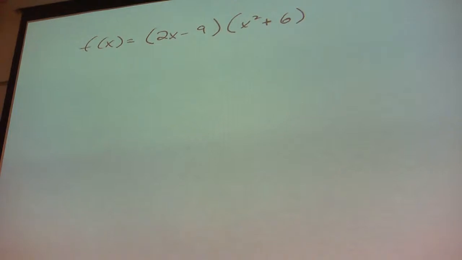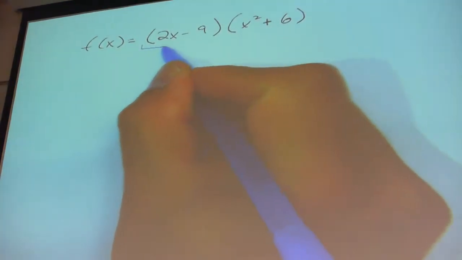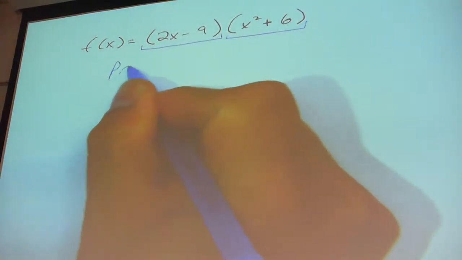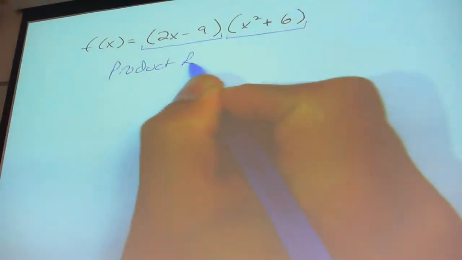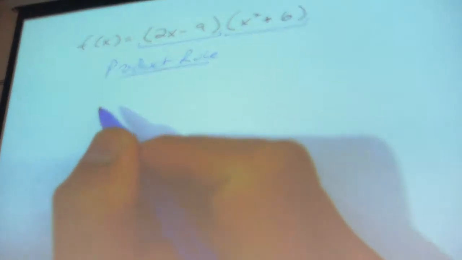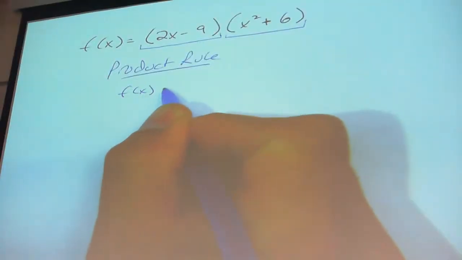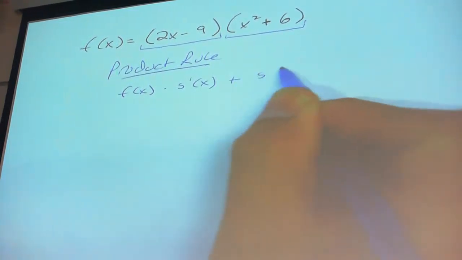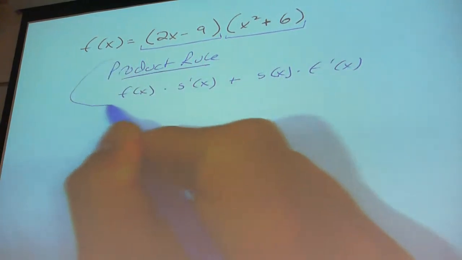Okay, so can we agree that we have two things that are being multiplied? So that means we're going to use product rule. Product rule says leave the first one alone times the derivative of the second plus leave the second one alone times the derivative of the first. So there's the rule.